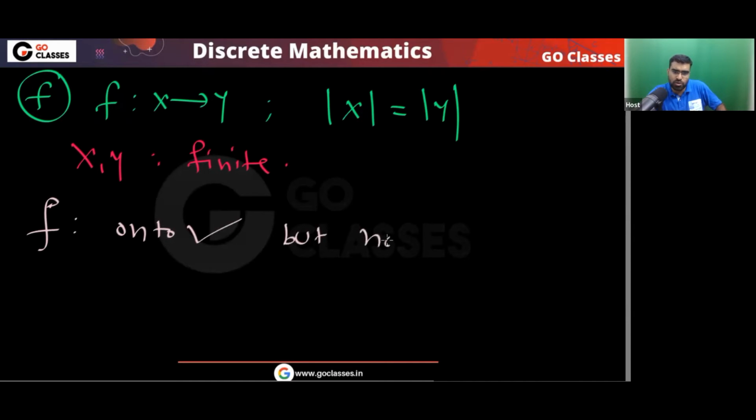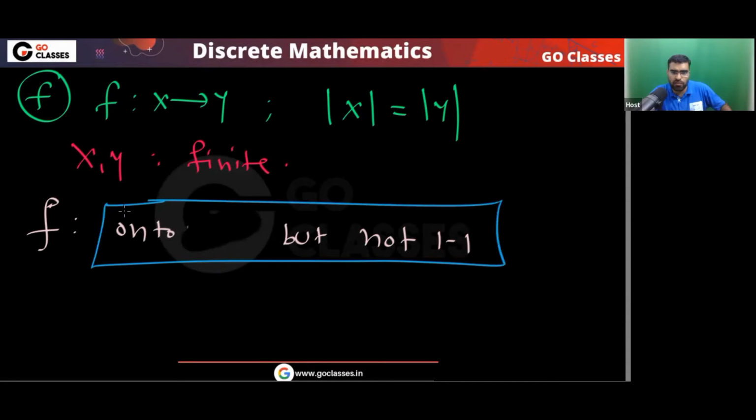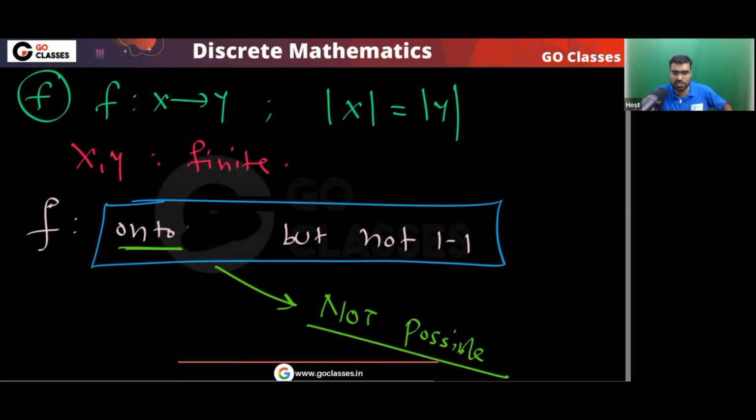Can you create? Try this. At least try this. Take your copy and pen and try to do this. Function onto but not one-one. You will see this is also not possible.